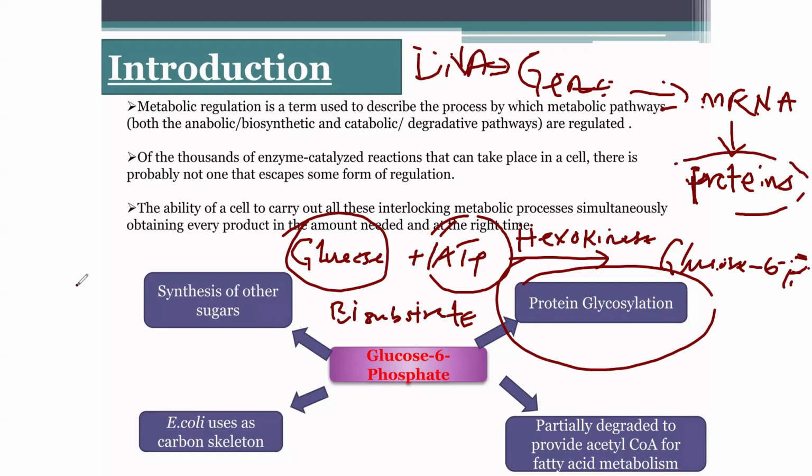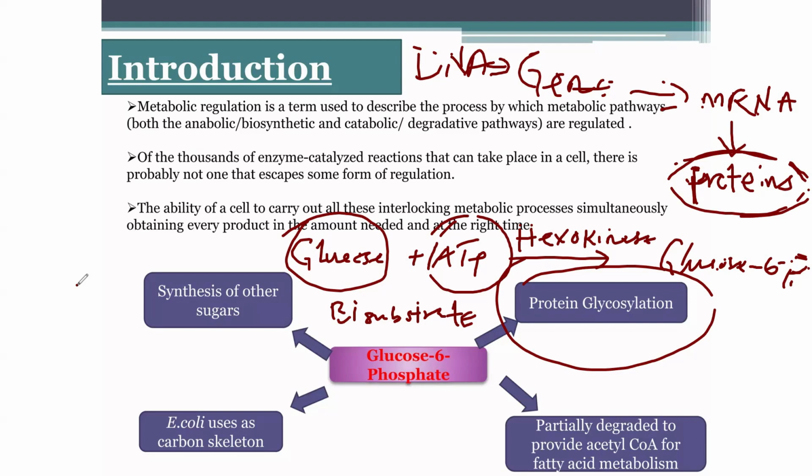After these proteins are synthesized, they are usually in the form of the primary structure, the linear chain of amino acids. Those proteins have to undergo what we call post-translational modification.